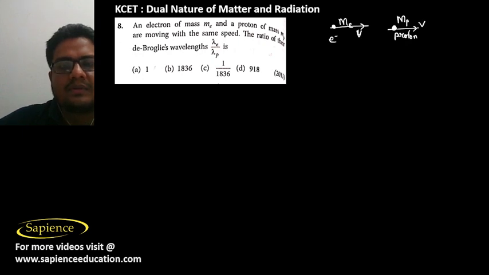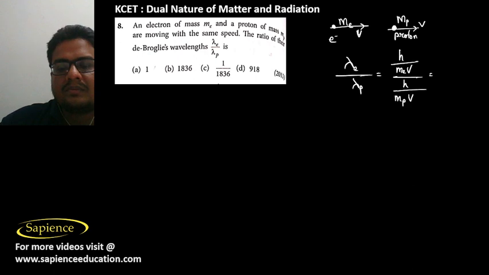Then the ratio of the de Broglie wavelengths, lambda e by lambda p, will be h by me into v divided by h by mp into v. So this will be equal to mass of proton by mass of the electron.